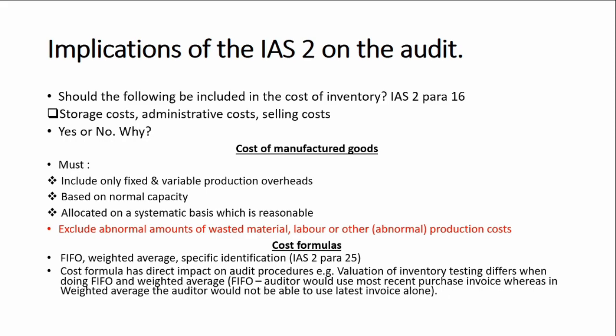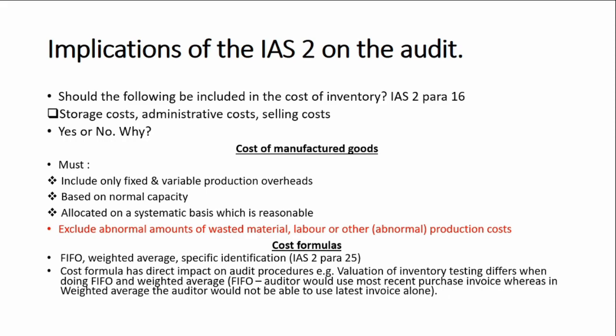So let's look at the cost formulas. Now, cost formulas become important because, and this is again something that auditors are missing out on in practice, you have to get the valuation of a specific item correct. And that means you need to follow the method of usage or the method that the client is planning to use a product.